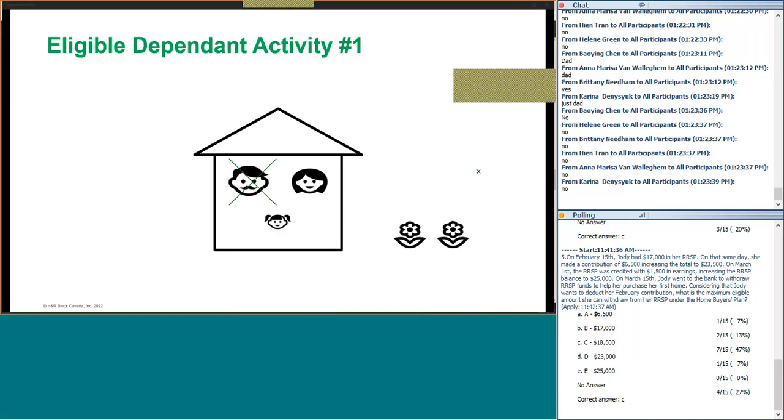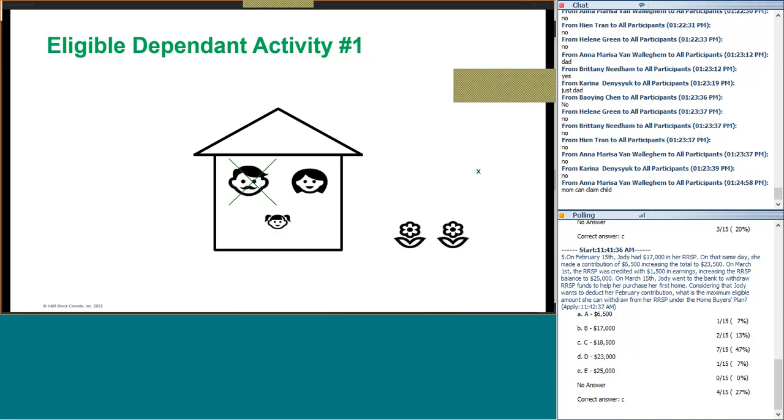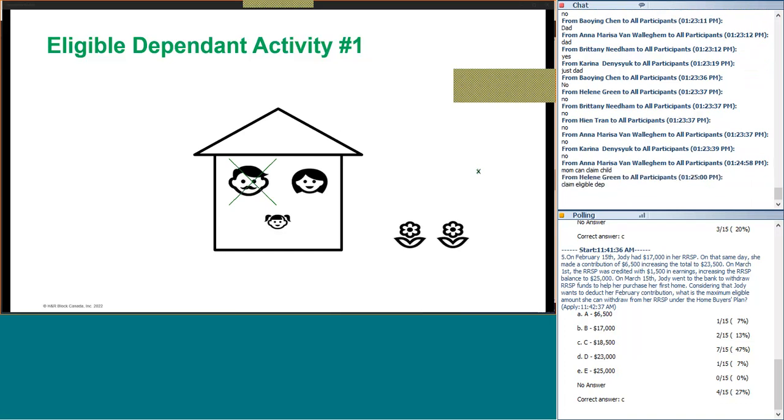What option does mom have if she was widowed midway through the year? She can claim the child as eligible dependent. Depending on, this is the fun bit, the child's age in relation to when dad died.